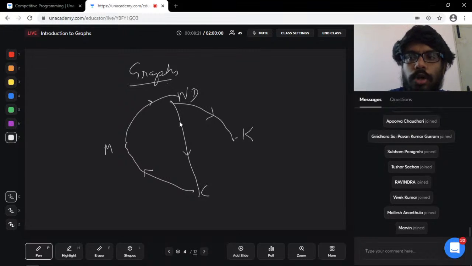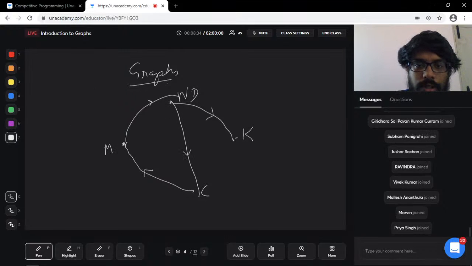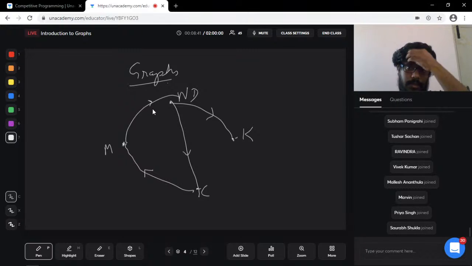But at the core of it, what graphs technically are, you have a bunch of vertices, right? So vertices are like our cities. So each vertex here, so here this is a graph with 4 vertices, and the flights that we drew between them are called edges.